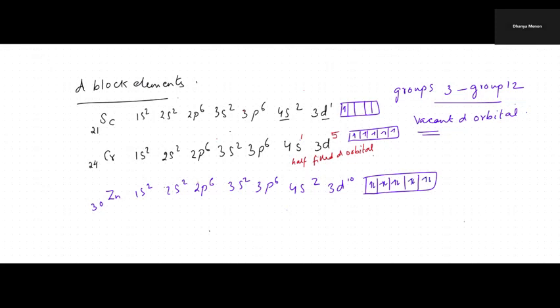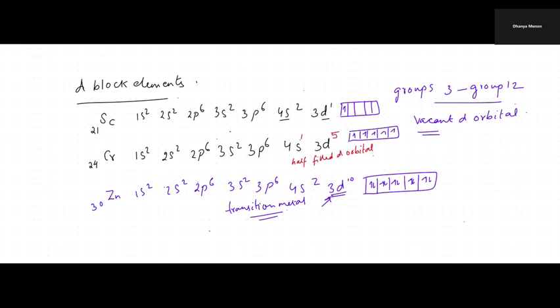So although it's a d block element, because the electrons are filling the d orbital, it cannot be considered a transition metal because it doesn't have vacant d orbitals. So zinc is an exception. It's a d block element, yes, but it's not a transition metal.